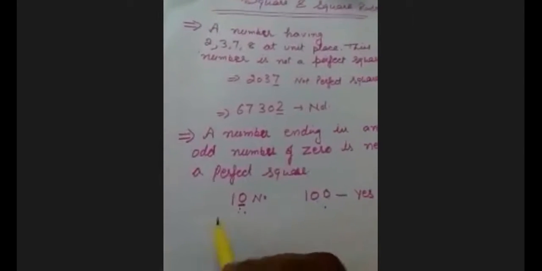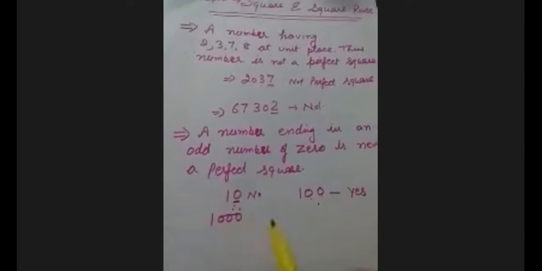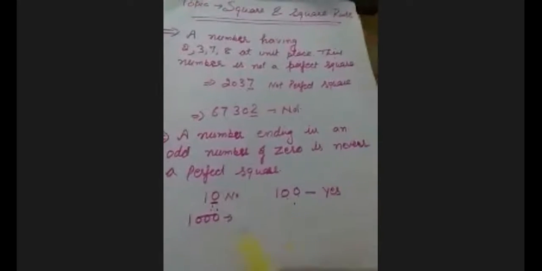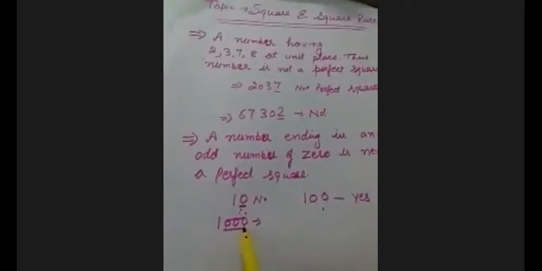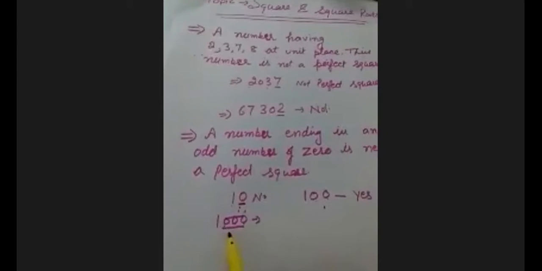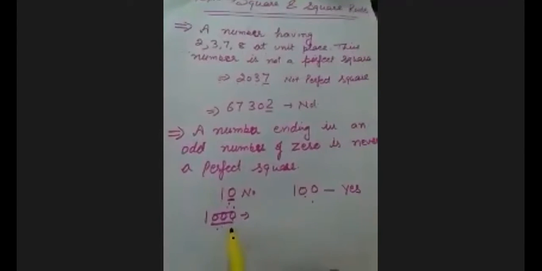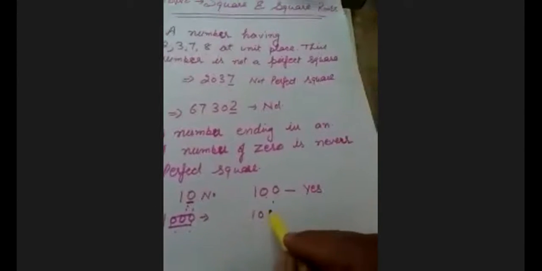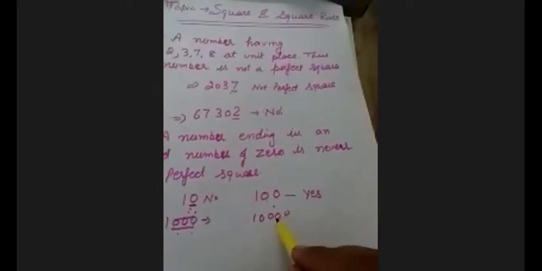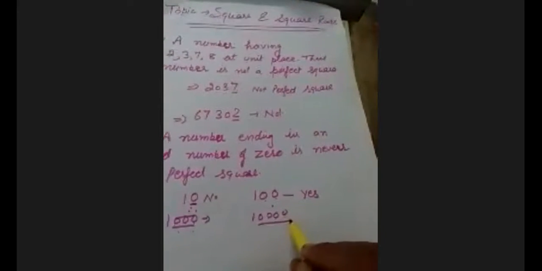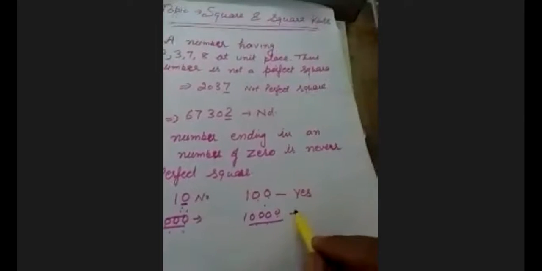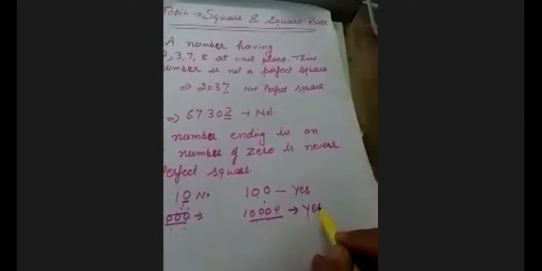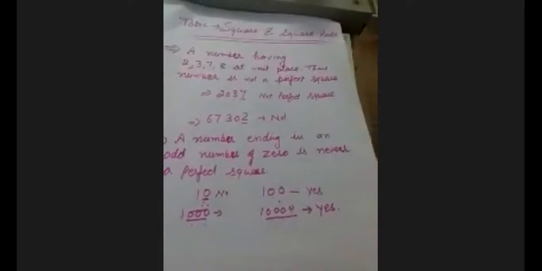Same with 1000. Count the zeros: 1, 2, 3. Three zeros, an odd number, so 1000 is not a perfect square. And 10,000: 1, 2, 3, 4, four zeros. 4 is even, so 10,000 is a perfect square.